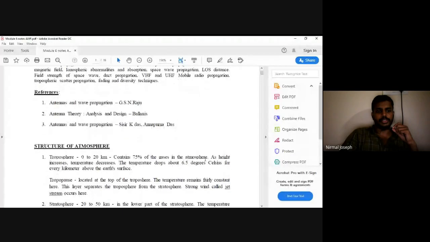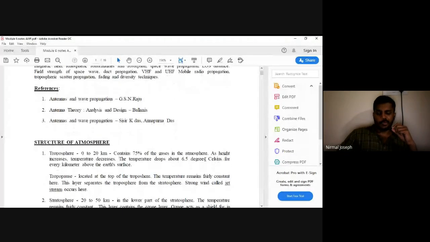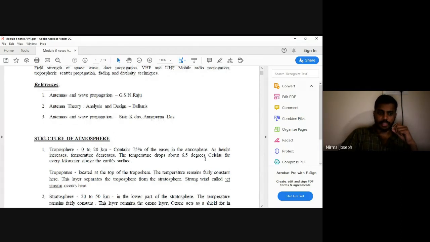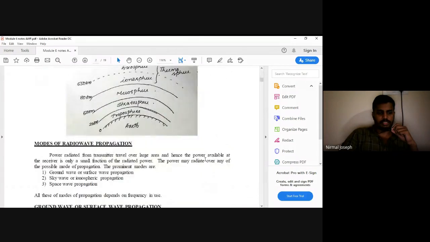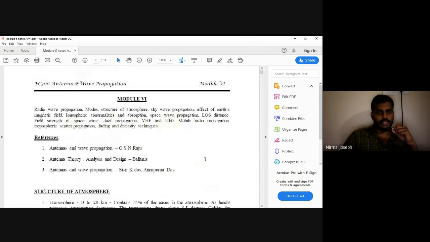So, what is a radio wave basically? A radio wave we are using for communication. It is a large spectrum of waves that we are using for ground wave propagation, sky wave propagation, and space wave propagation.